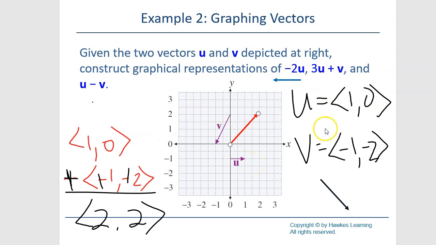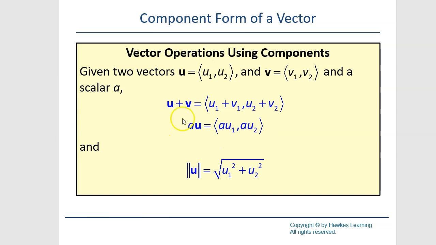So all we have to do with these things is, if we can write them in their component form, we can then just do the math, come up with a new vector and plot the new vector, if we even need to plot the new vector. Sometimes we don't need to. We just need to come up with what the vector would be. So if we want to do these operations not by dragging around little arrows in a plane, we can do it component-wise.